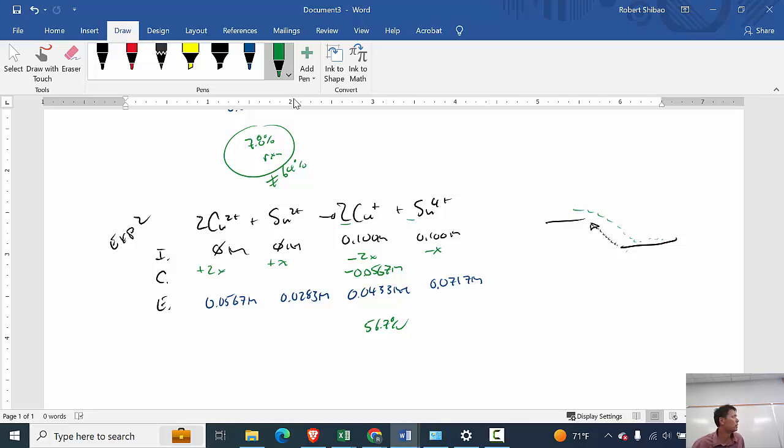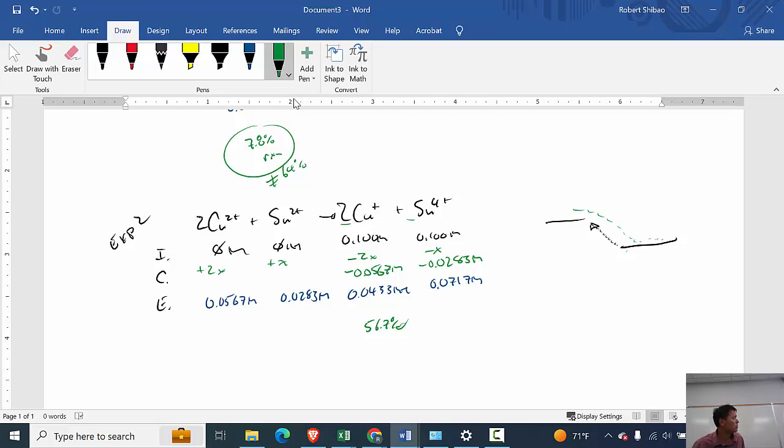I don't know. Oh, and then over here, there's going to be half as much. Half as much is going to be minus 0.0, what is it? 283 molar.